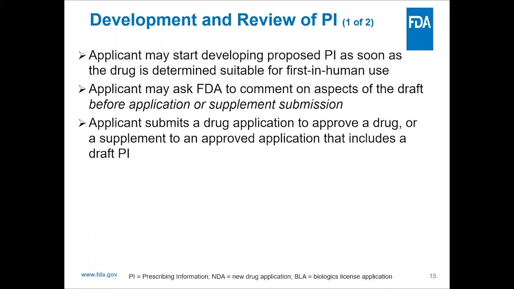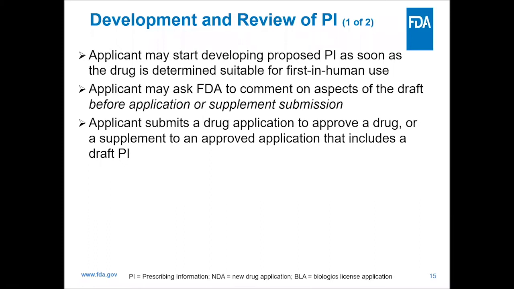It could be a meeting, it could be a question, and they may ask FDA to comment on certain aspects of the labeling. A common question is, if we do these studies with these endpoints, with these statistical analyses, can we get these claims? Could we present this information in the labeling?